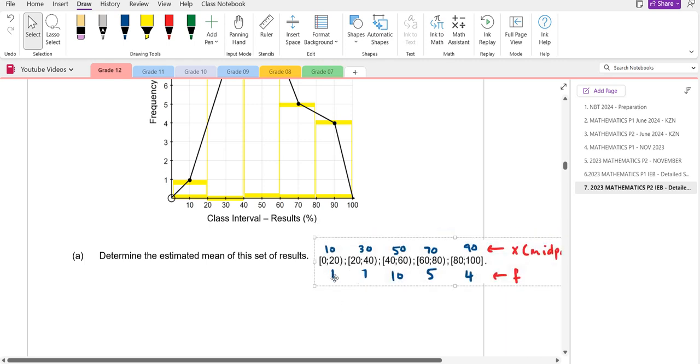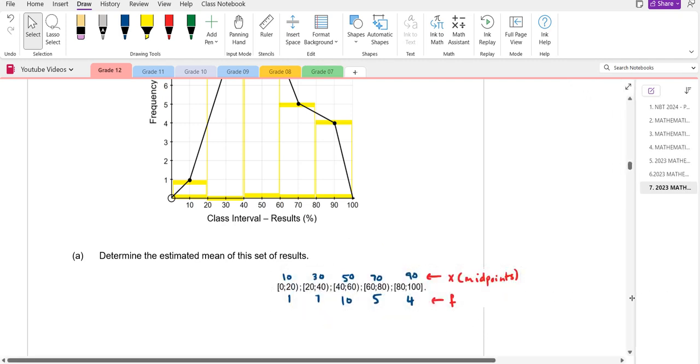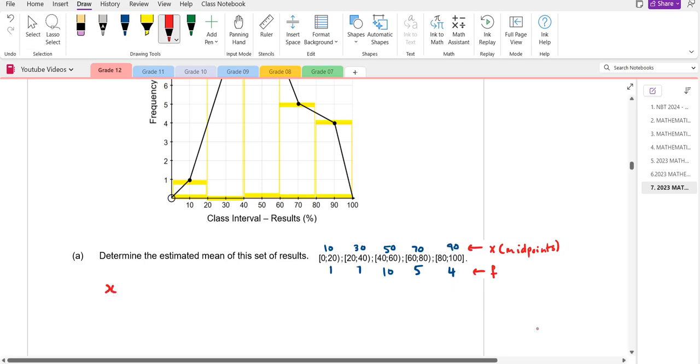So basically what we need to do is take x times f: 10 times 1, 30 times 7, 50 times 10, 70 times 5, 90 times 4, and divide by the total number. So the estimated mean is sigma xf divided by n.